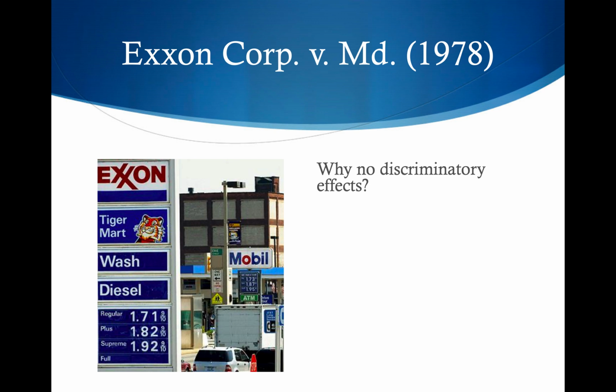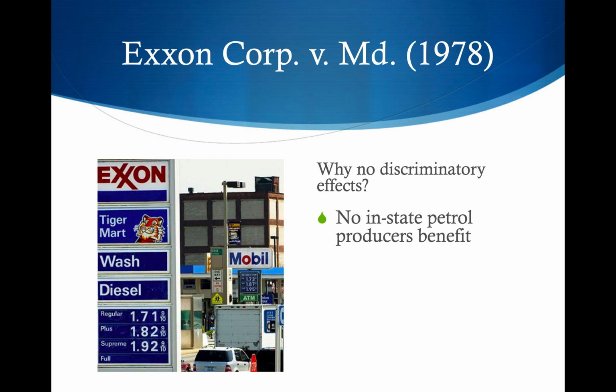So why is the statute not facially discriminatory? Over on page 362 under Part 3 of the opinion, you can see the two reasons given here. So the court says, first, there's no in-state petroleum producers that would benefit from the statute.